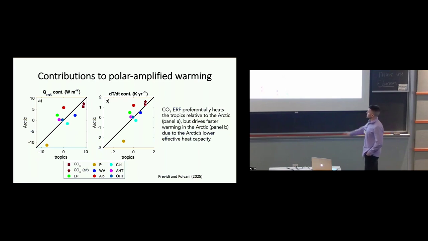The exception to that is the CO2 forcing, which, in this alternative framework, panel B, actually lies above the 1-to-1 line. And so you can think about that as the CO2 effective radiative forcing, as I've already pointed out, is larger in watts per meter squared over the tropics than the Arctic, but it drives faster warming in the Arctic because of the Arctic's lower effective heat capacity.